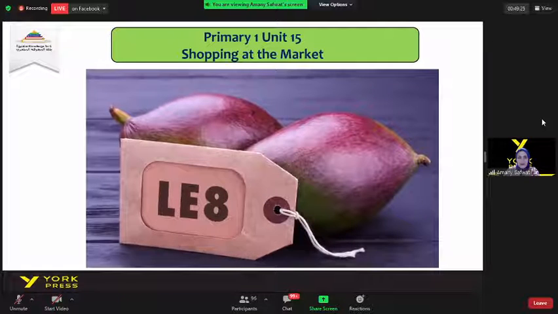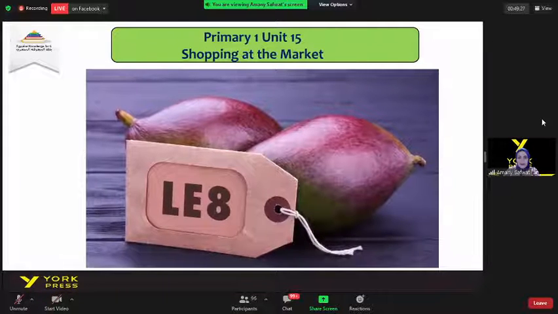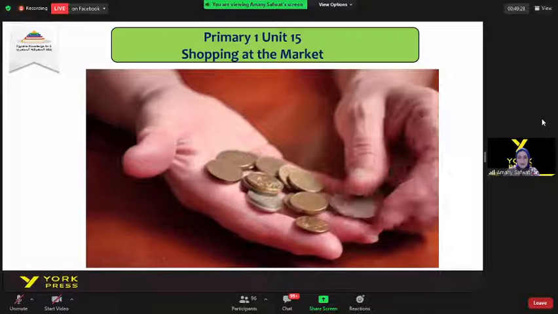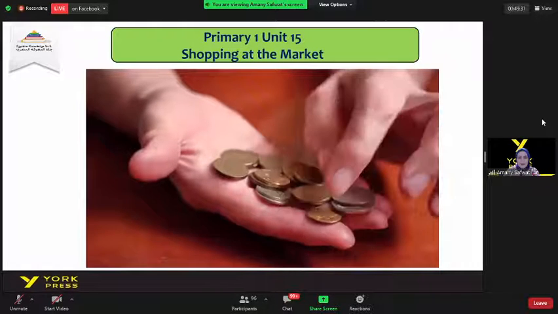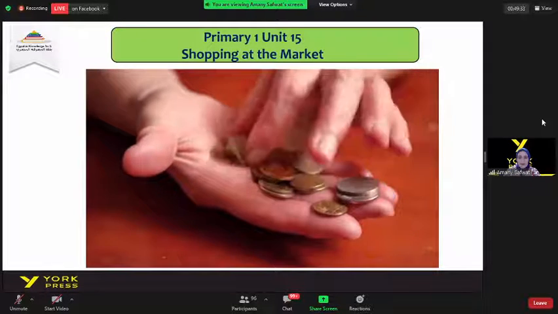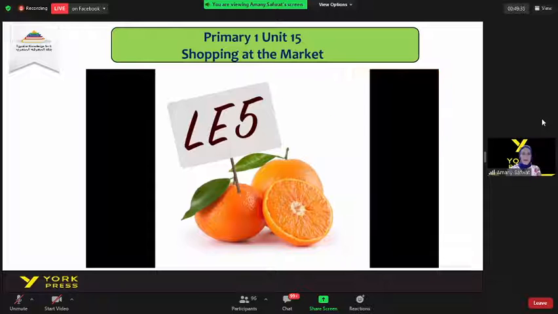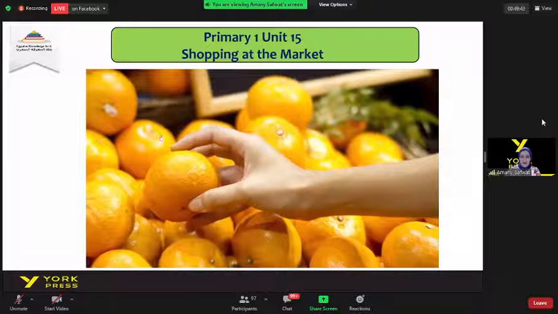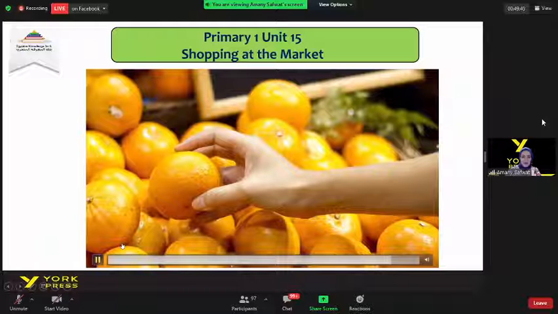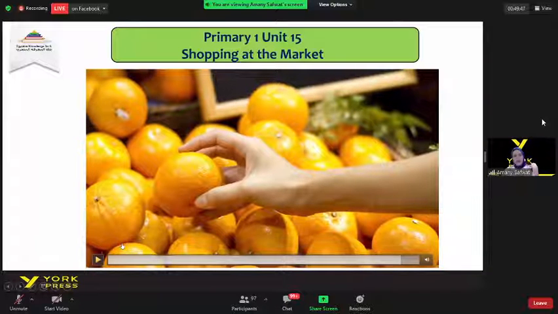Some mangoes, please. That's 8 pounds. How much is the orange? It's 5 pounds. An orange, please. Thank you.